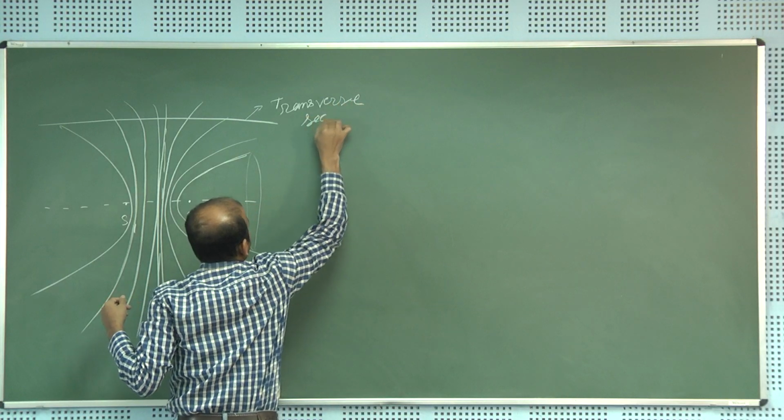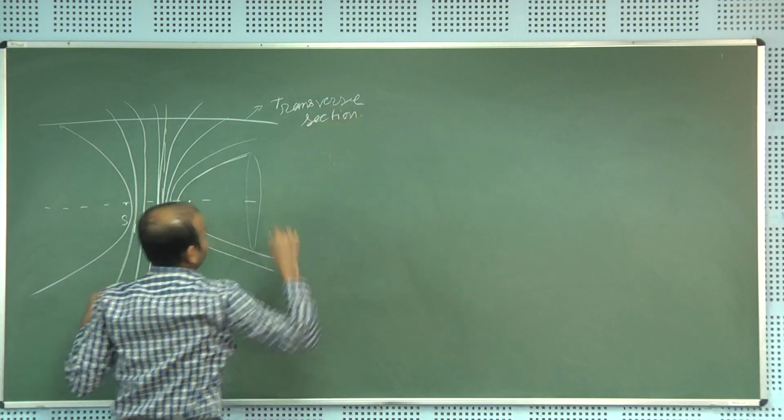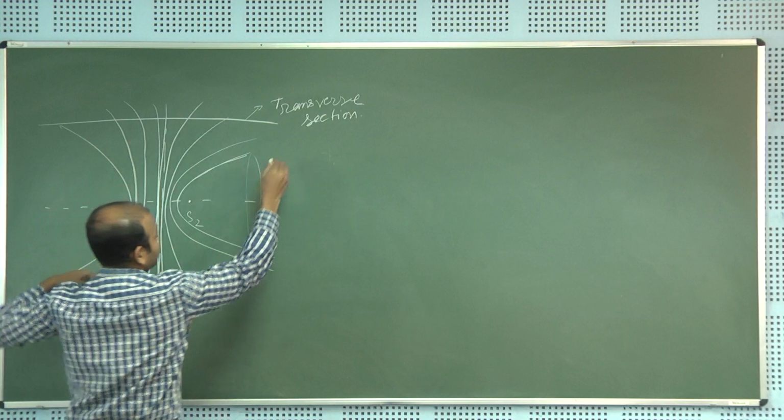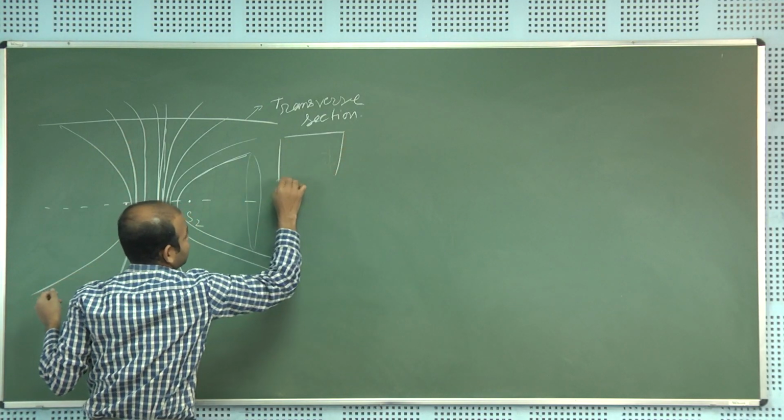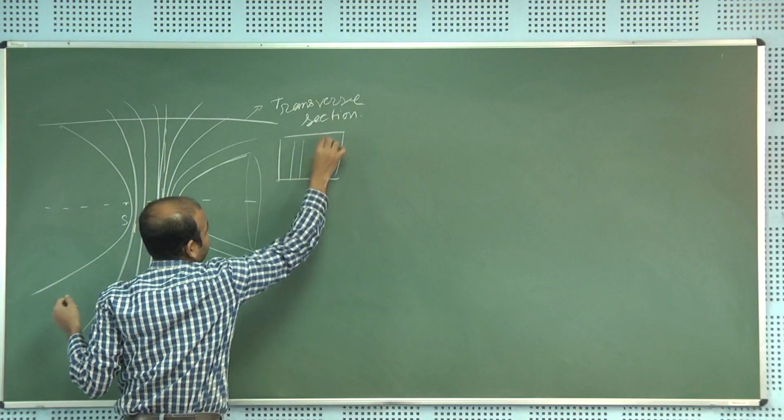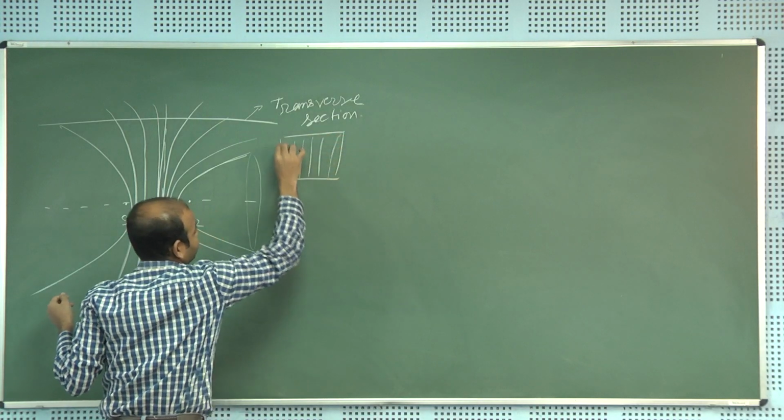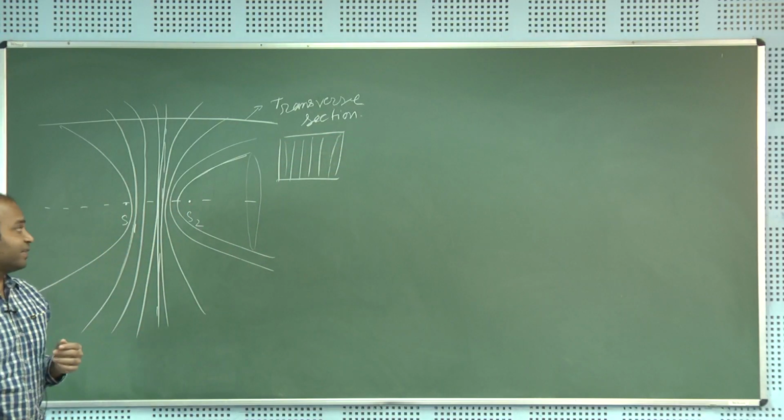transverse section. And here, as I mentioned earlier, we would see fringes like these, which are basically linear fringes.